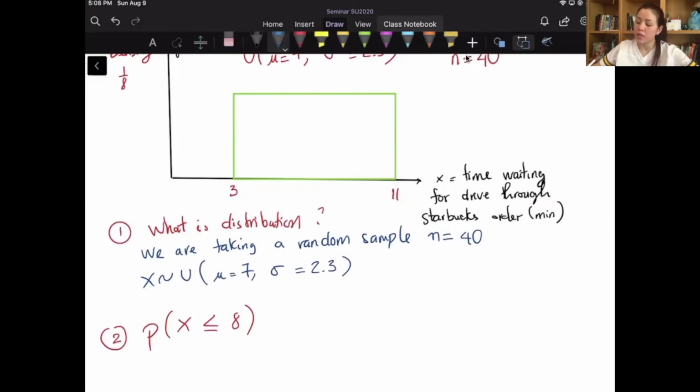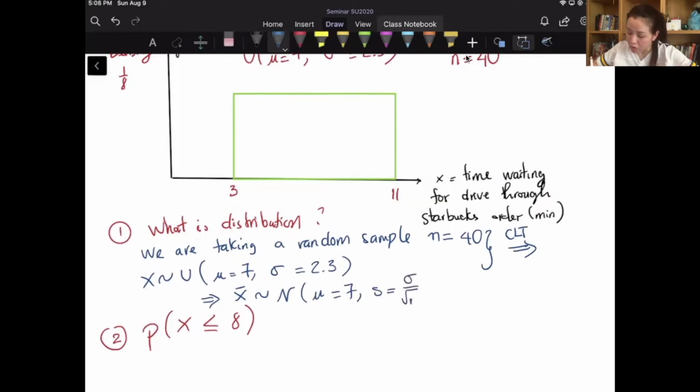So according to the central limit theorem, CLT, we can say that x bar is approximately normal at the same mean, mu equals 7, and the standard deviation is equal to sigma divided by the square root of n.